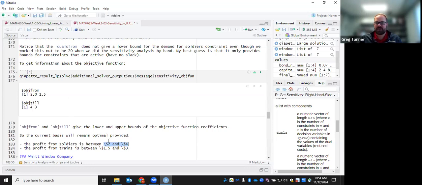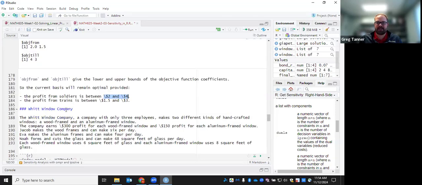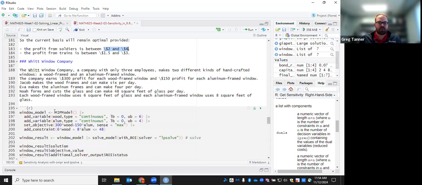Okay, so that is for the Geppetto problem. Let's do another example where we can see it, and we'll return to the window example. Recall that they're making wood framed windows and aluminum framed windows with 300 and 150 as the respective profit per window.